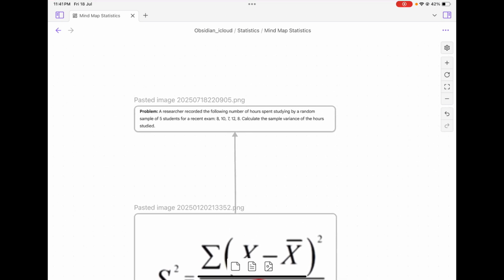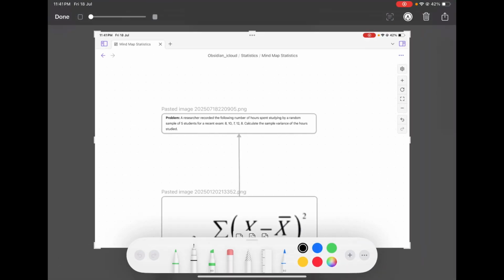You need to find the mean first, that is 8 plus 10 plus 7 plus 12 plus 8 divided by 5, which comes out to be 9.